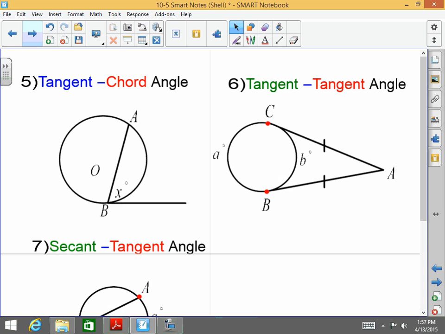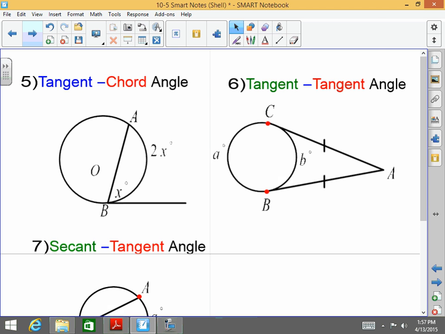Tangent chord. Okay. Tangent chord reminds you of what kind of angle? Inscribed. Very good. So guess what? It is exactly an inscribed angle. What happens here, though, you got to make sure you recognize it. Whenever you have a tangent, remember a tangent is a line, or a segment, that intersects a circle exactly at one point.